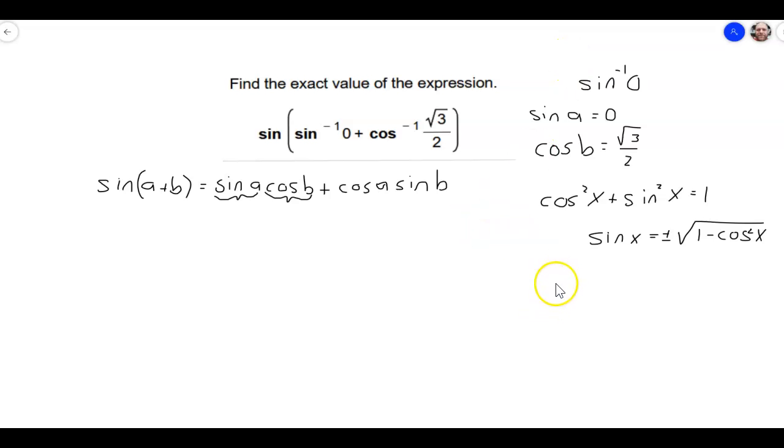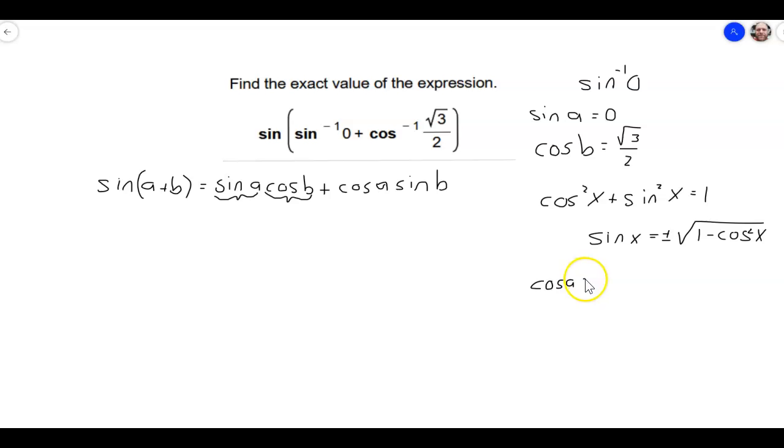So I'm trying to find out what the cosine of A is.